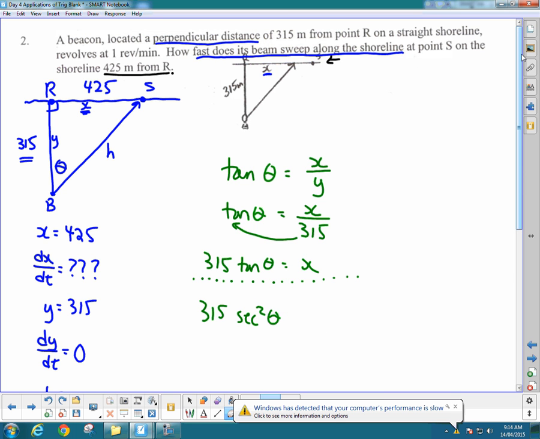I'm differentiating with respect to t, so I need to add a d theta by dt. The right-hand side is x. I take the derivative of x, which is 1, dx by dt.